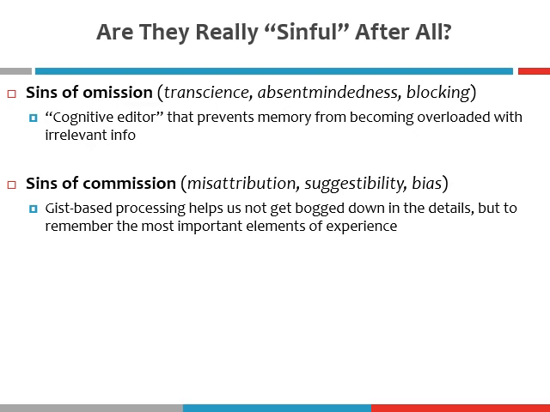All of the issues with source memory that we see in misattribution or suggestibility at some level have to do with the fact that what we remember from our experience is often what's called a gist. So a gist is just a general summary, so to speak.